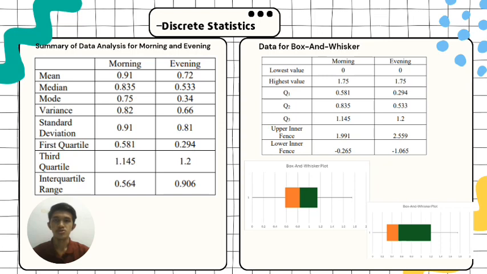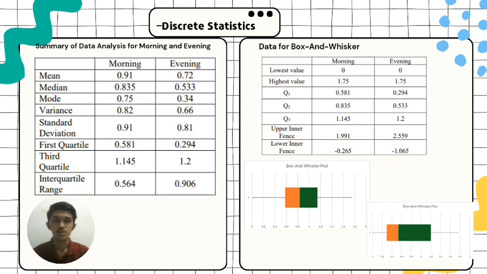To create the box and whisker plot, we should have several pieces of information: the lowest value, highest value, quartile 1, quartile 2, quartile 3, and the upper inner fence, also the lower inner fence. For the morning, the lowest value is 0 and the highest value is 1.75.